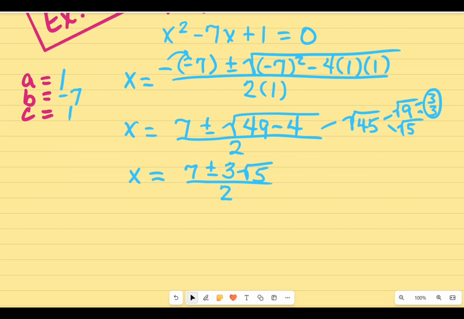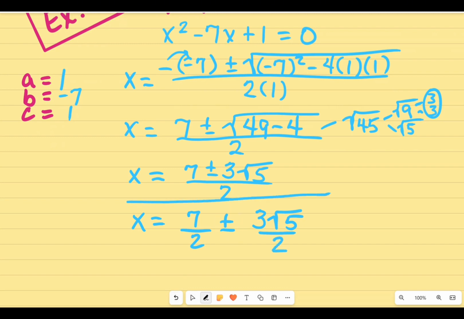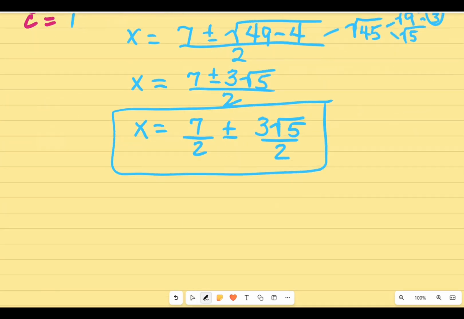Again, this is an acceptable answer. However, I personally do not want it that way. I want it separated. So 2 fractions, 7 over 2 plus or minus 3 radical 5 all over 2. You have 2 answers. You have one that's plus, you have one that's minus. So you could write it this first way, the way that I boxed it, or you could literally just write it out separate.